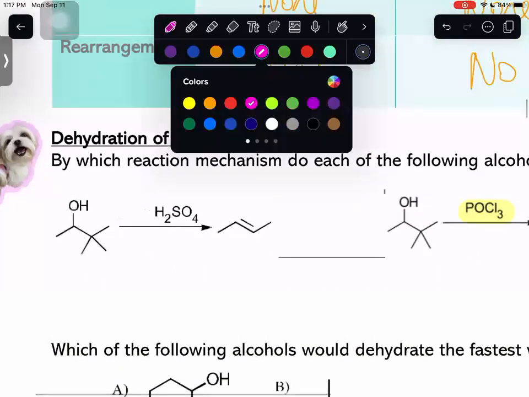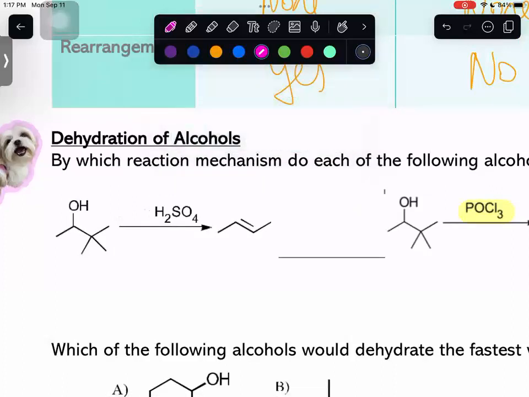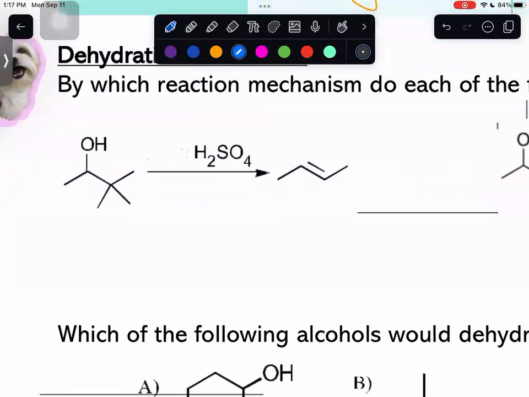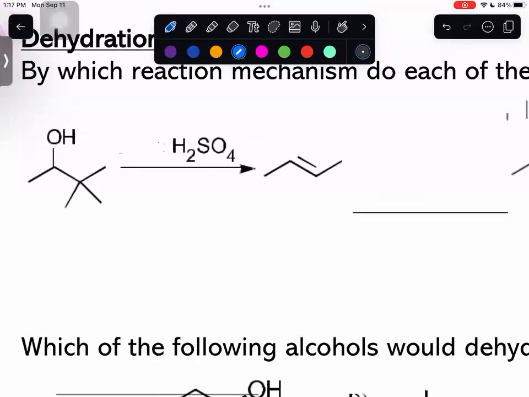Now again, you're not going to be asked any questions on the mechanism. You just have to learn certain rules. One of them is dependent on the degree of the alcohol that you have. So let's start writing them down over here. If you have a primary alcohol, you're always going to follow an E2 mechanism, okay?